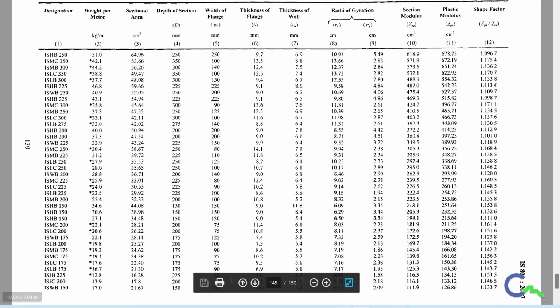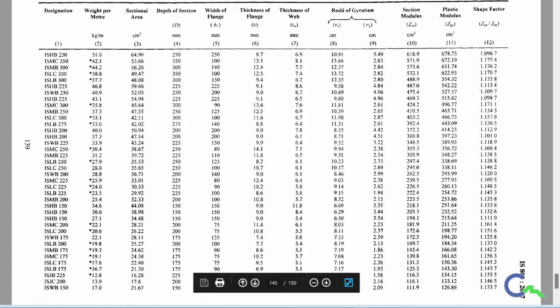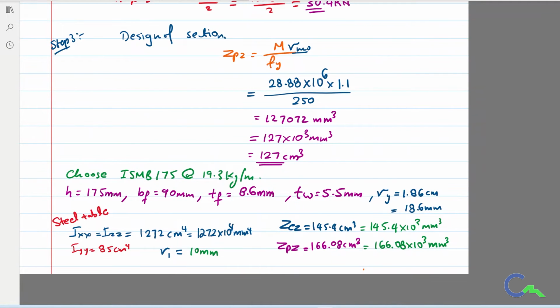So for ISMB 175, the actual ZPZ is 166.08. So we have chosen a little higher section, so it is not going to fail in the future checks.